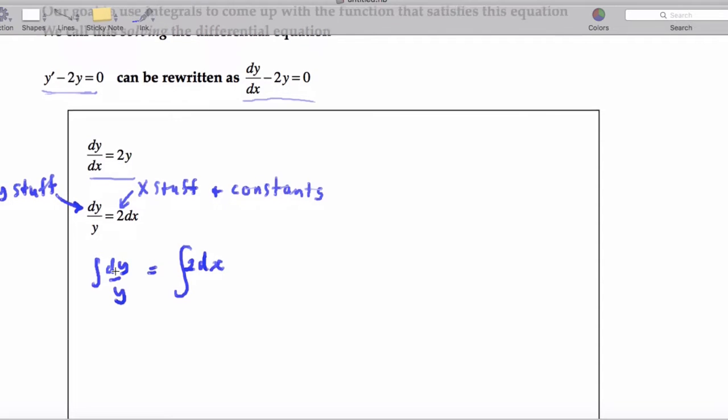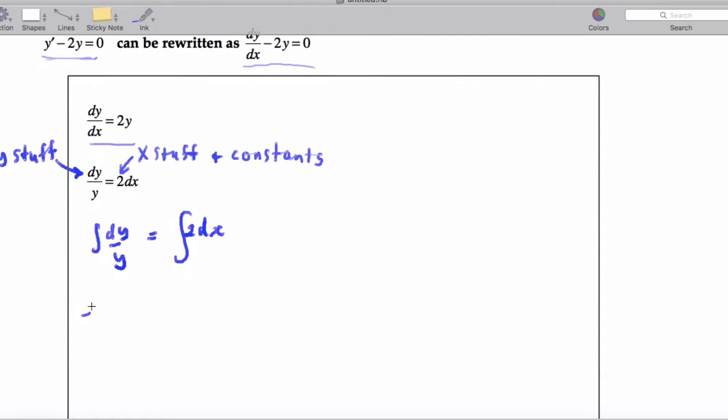Third, set up your integrals, and now we're going to integrate. This is going to be the natural log of y equals 2 times x, and what we're going to do is put the letter c right here.